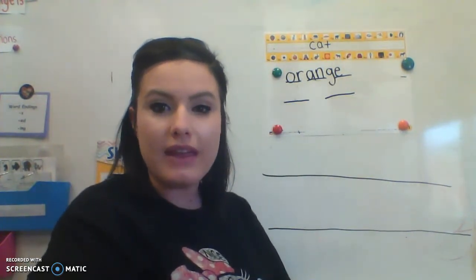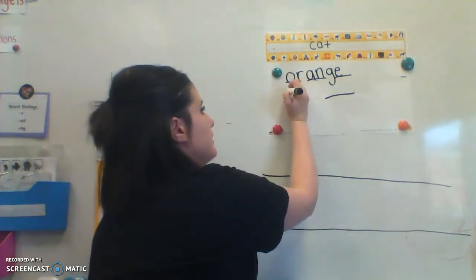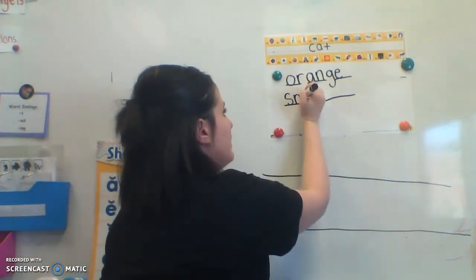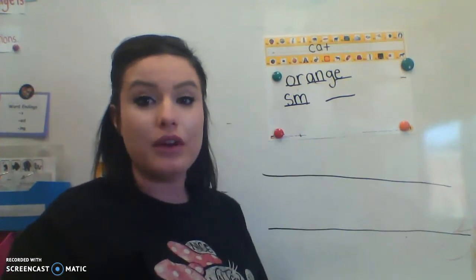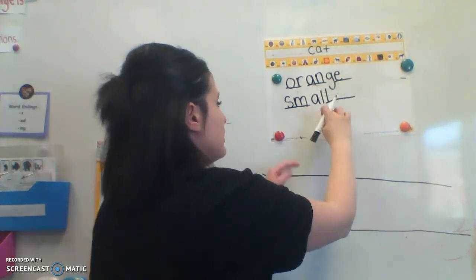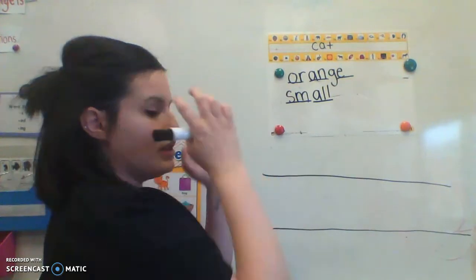What letters do you think make that sound? Sm. I hear an S, and an M. Good. And then all. It's one of our sight words. All. A-L-L. And I should have this line over here, kind of closer together. So we have orange and small.